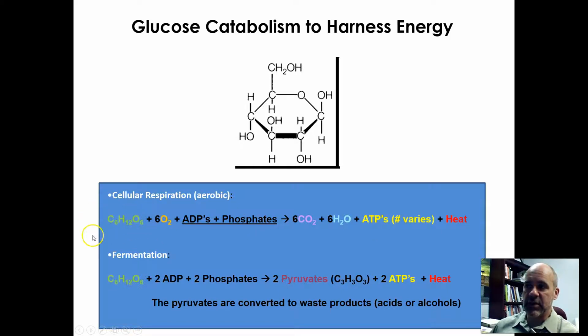So as this glucose gets broken apart and converted to carbon dioxide, that's releasing energy that is driving the linkage, the bonding of these ADPs and phosphates together. And then we'll also see water is an output of aerobic cellular respiration, good old H2O, and heat is an output as well. And the reason for that, again, is as glucose gets oxidized, broken apart, not all of that energy is harnessed to form ATP. Instead, some of it winds up getting lost in the form of heat.